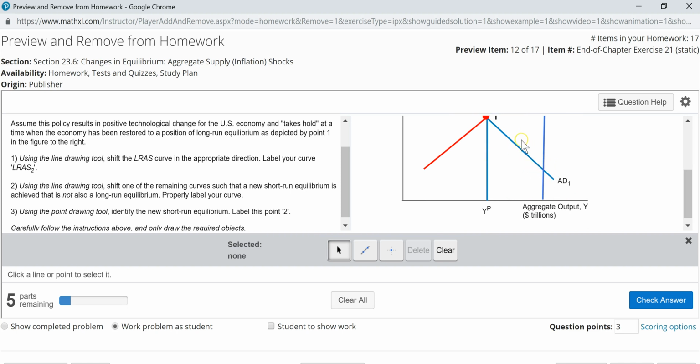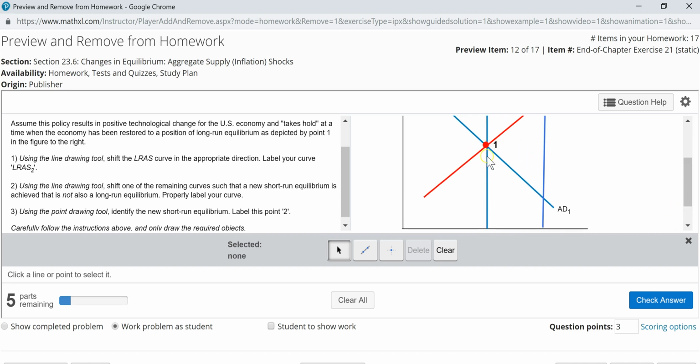We talked in class about how, when that happens, the short-run equilibrium will move. Gradually the short-run supply curve will shift until the new output is the same as the new long-run equilibrium output level, because only then will there not be any output gap.